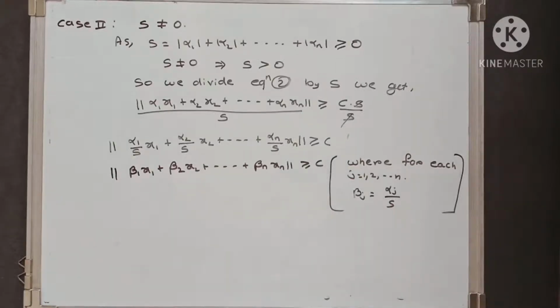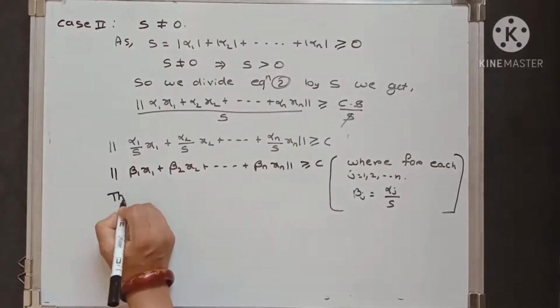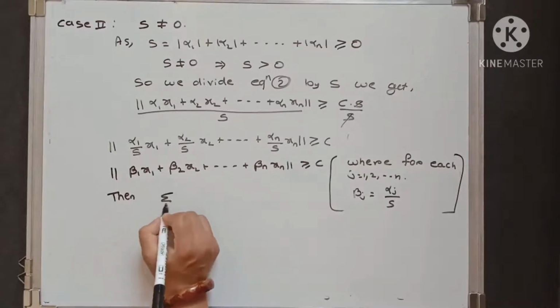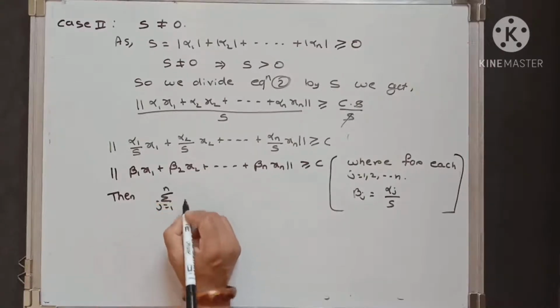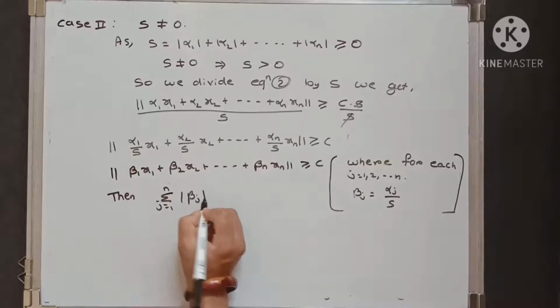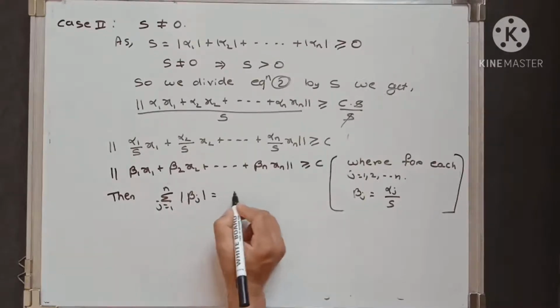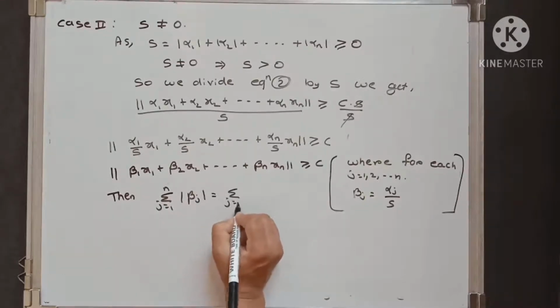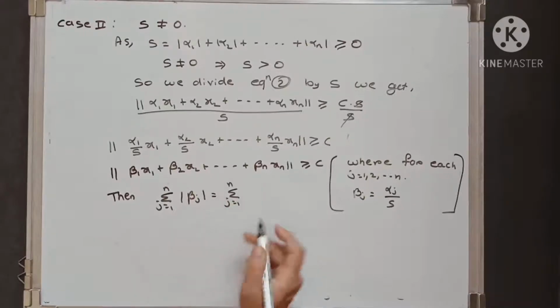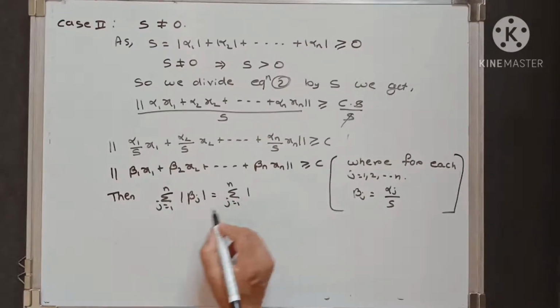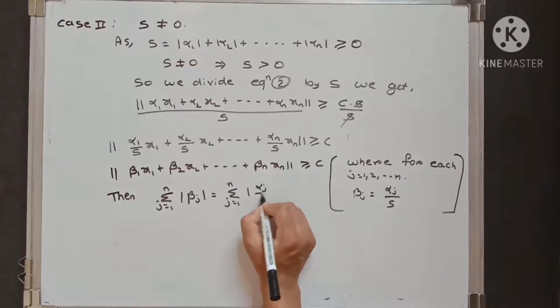But here then summation j from 1 to n of mod of beta j is equal to summation j running from 1 to n, just putting the value of beta j, mod of alpha j by s.